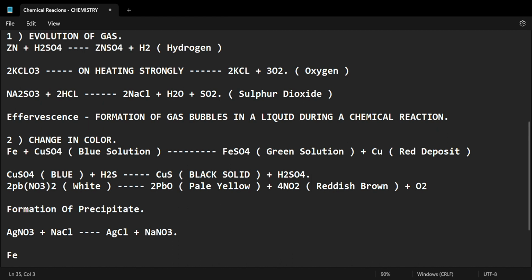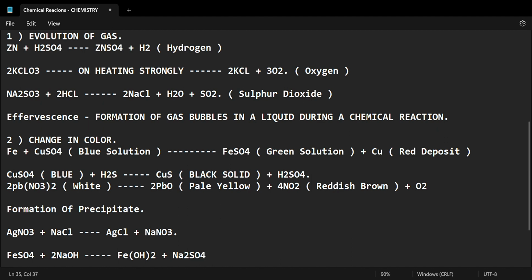So, let me write this: FeSO4 plus 2NaOH becomes Fe(OH)2, with the OH in brackets, plus Na2SO4.